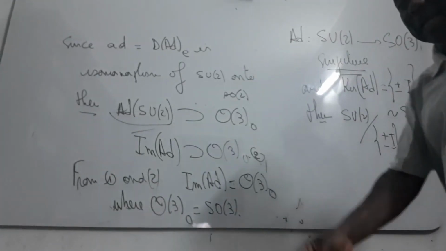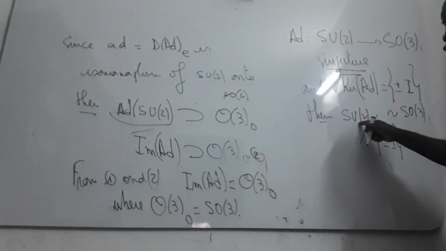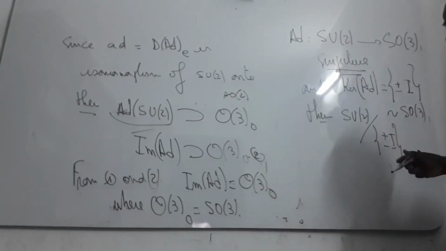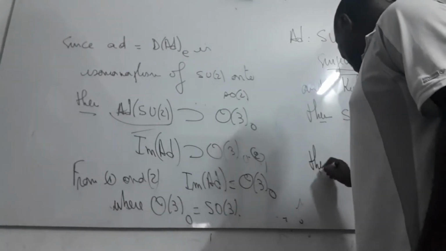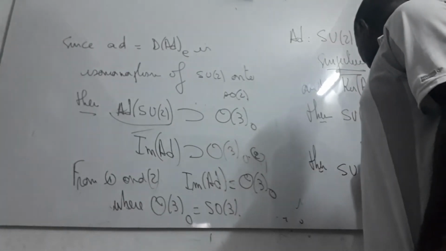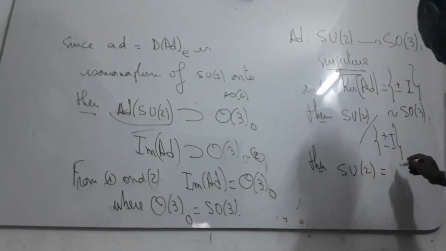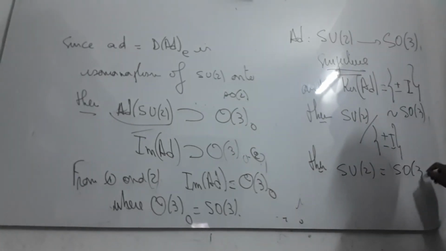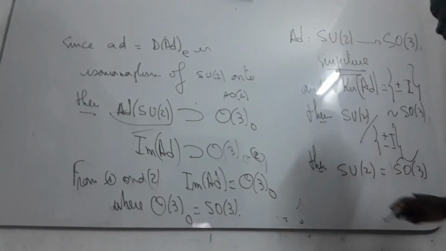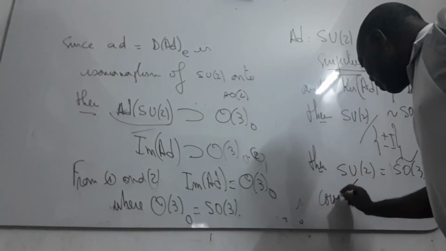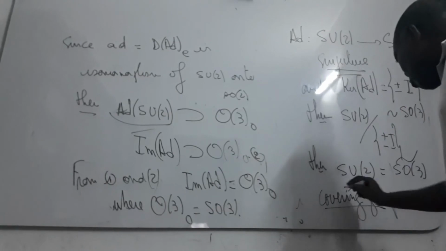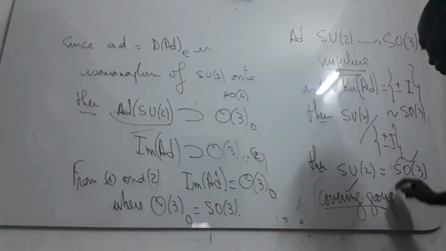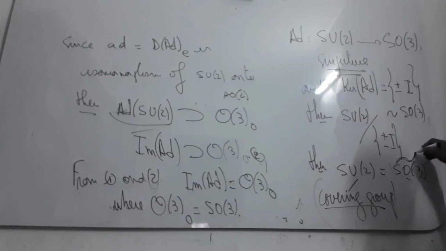Here you can deduce that SU2 is exactly the covering group of SO3. SU2 is a covering group of SO3.